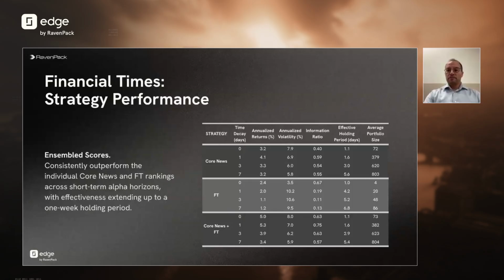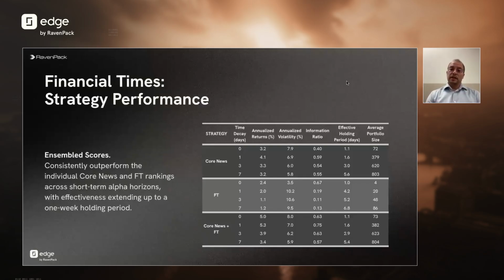If we look at the performance, first of all, if we look at core news, if we start with the information ratios, we can see that we are able to generate information ratios in the range of 0.40 to 0.59, depending on the decay that we apply to the signal.